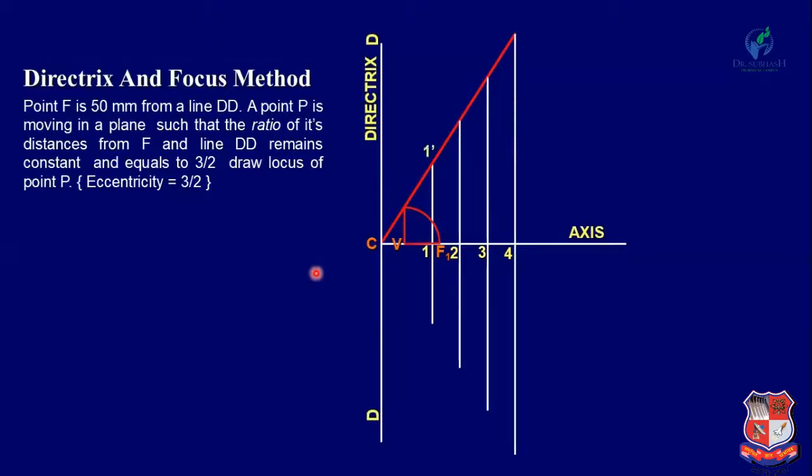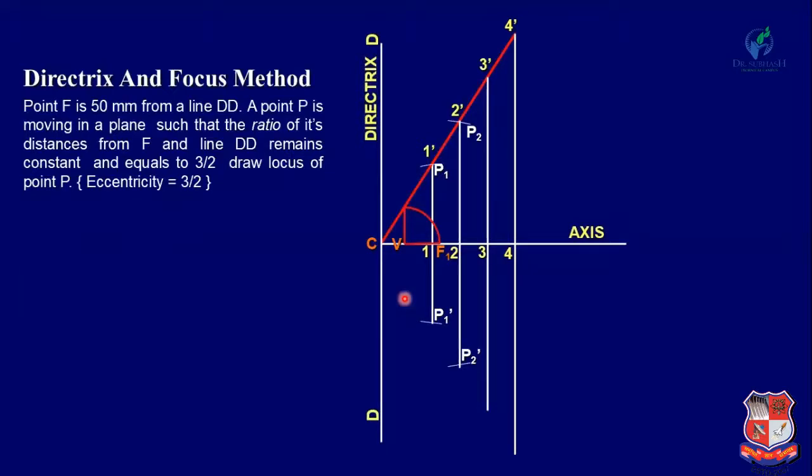So the intersection points here are 1 dash, 2 dash, 3 dash, and 4 dash. Now with F1 as center and radius equal to 1 dash, draw an arc; you will get the point P1, and on the other side P1 dash. Similarly, with F1 as center and radius equal to 2 dash, you will get the point P2 and on the other side P2 dash.